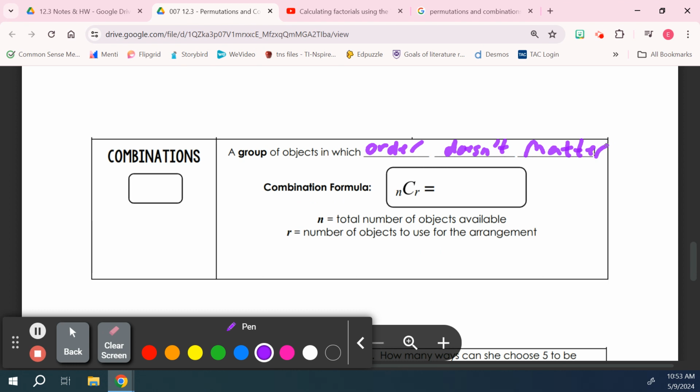However, combinations is where we're mixing it all up. We're trying to get as many different combinations as possible. So in order to find a combination, that is going to be n factorial over r factorial times n minus r factorial. And this is nCr.